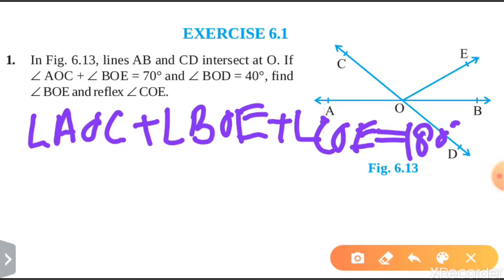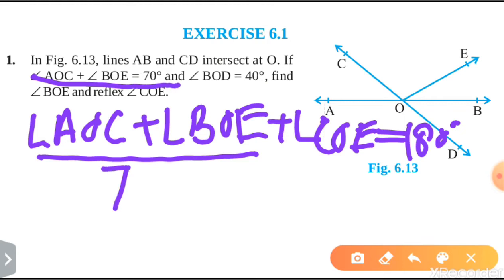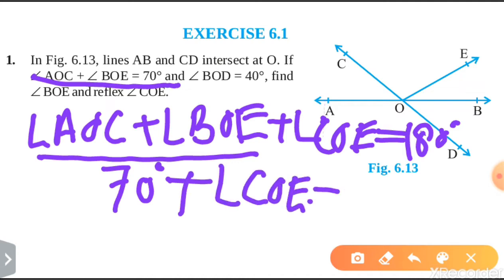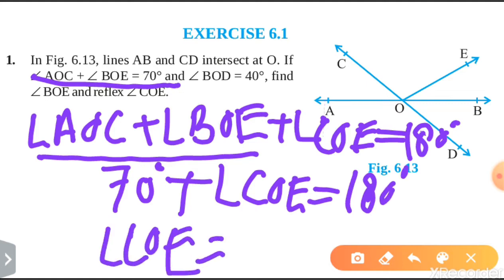Now we put the value: we know that AOC plus BOE is equal to 70 degree. So in place of this we can write 70 degree plus angle COE is equal to 180 degree. Now for finding angle COE, it is 180 minus 70, that means 110 degree.